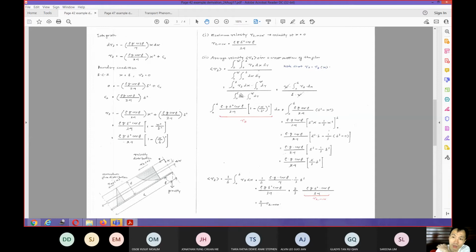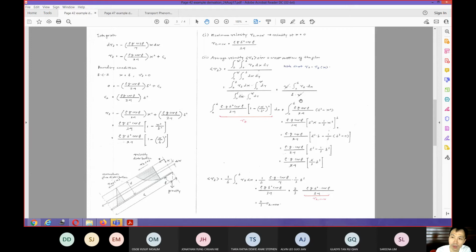So the integral of the Vz dx, and then the integral of the dy. Likewise for the denominator, you can split it into two terms, the x and then the y. The integral of dy from 0 to w will be equal to w, and then the integral from 0 to delta of dx will be equal to delta.